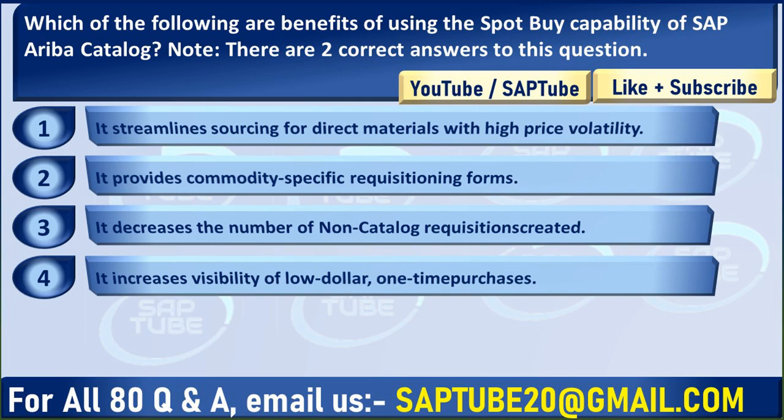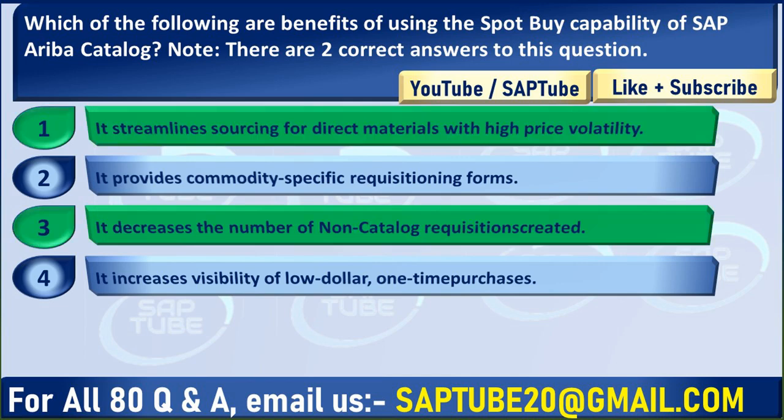It decreases the number of non-catalog requisitions created. It increases visibility of low-dollar, one-time purchases. Correct answers are: it streamlines sourcing for direct materials with high price volatility. It decreases the number of non-catalog requisitions created.